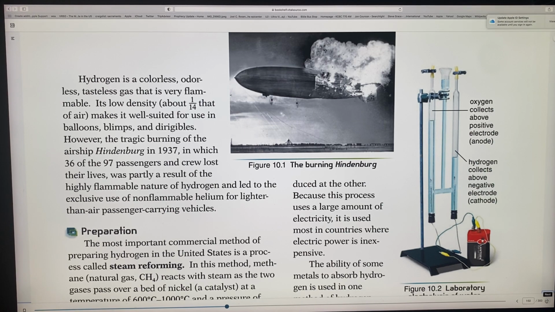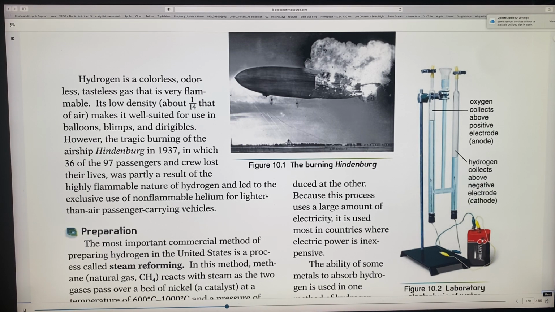So let's look at these pictures. Here's a picture of it igniting in the Hindenburg. In fact, it says the tragic burning of the airship Hindenburg in 1937, in which 36 of the 97 passengers and crew lost their lives, was due to hydrogen being highly flammable, and led to the exclusive use of non-flammable helium for lighter-than-air craft. So of course, hydrogen can ignite very quickly.